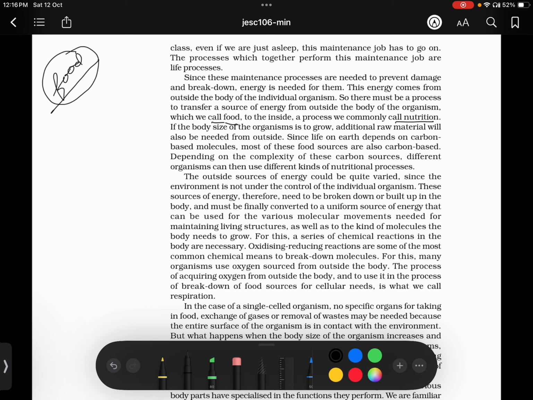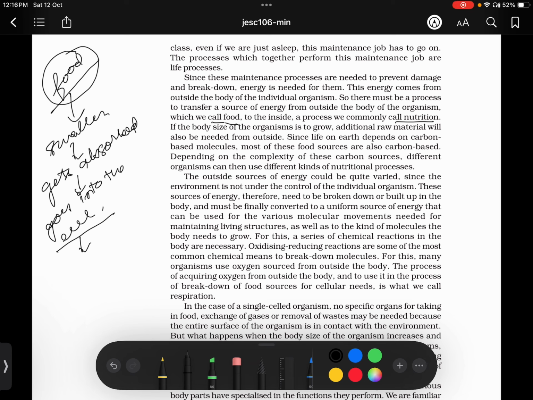This food item will break down into smaller particles, and these smaller particles get absorbed, go into the cell, and provide nutrition.